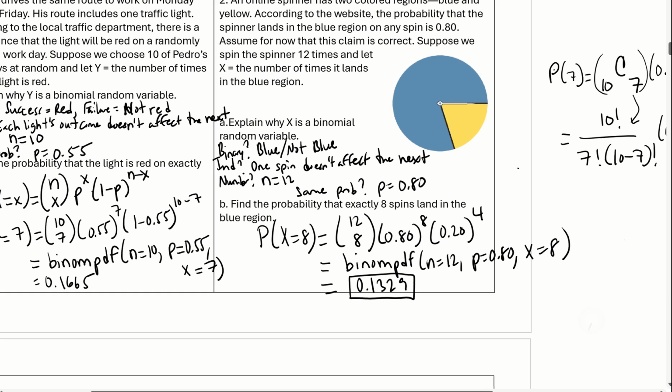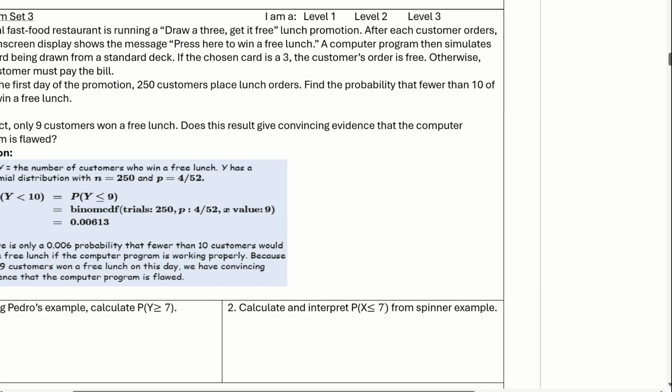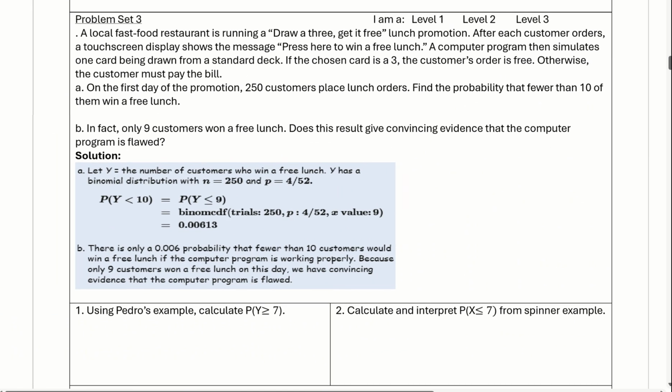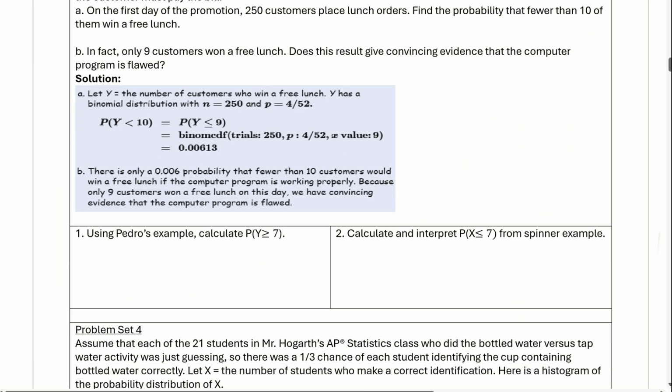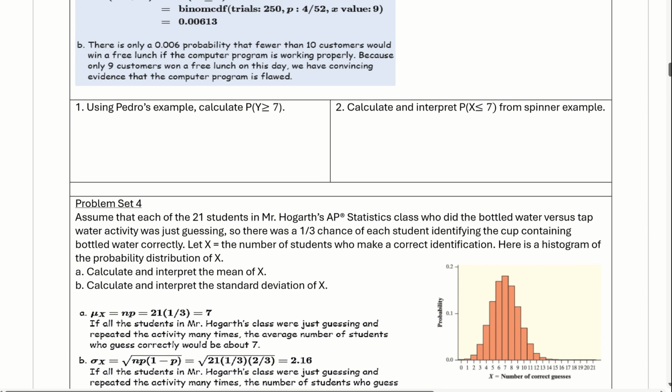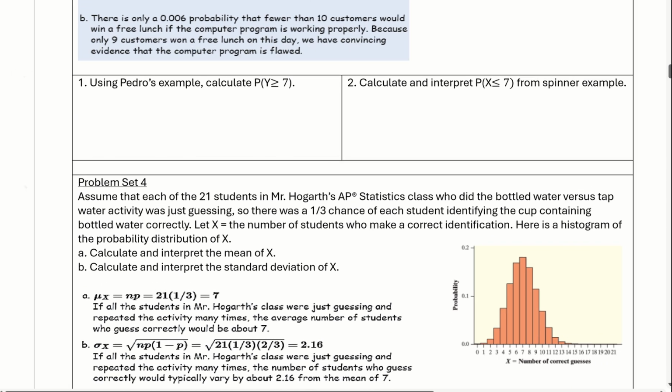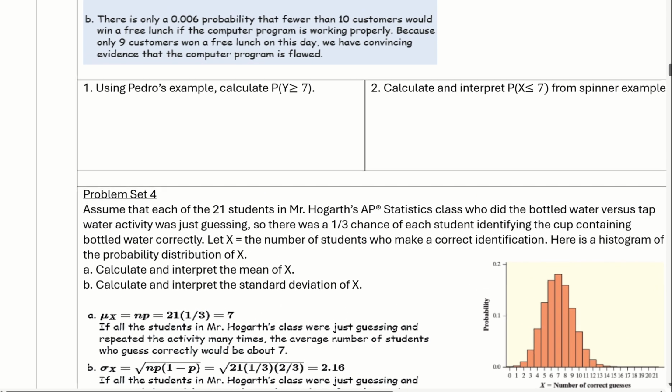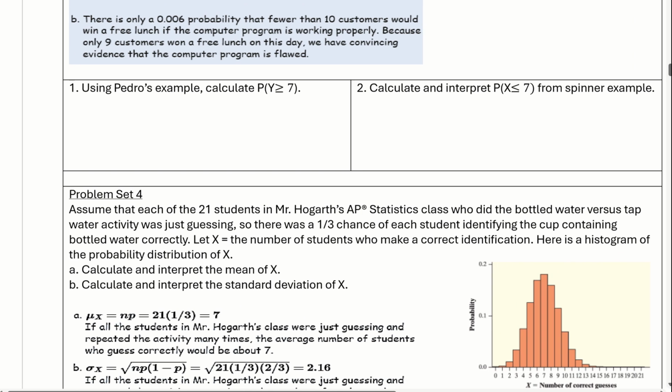All right, so let's look at the next problem set. This time we are calculating binomial probabilities using the CDF function, the cumulative distribution function. That means we're doing probabilities for greater than or less than, rather than exactly equal to. So using Pedro's example, calculate P of y is greater than or equal to 7.